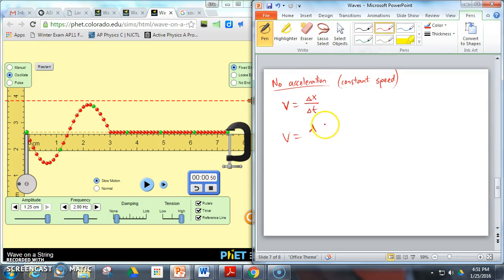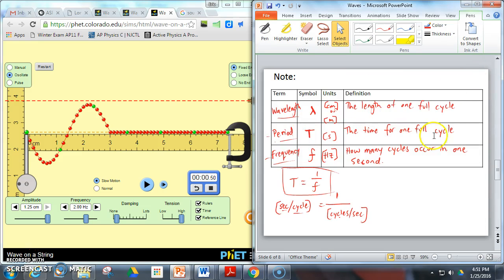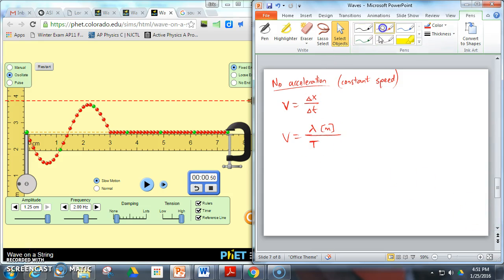Speed, we can say, is wavelength, which is measured in meters or centimeters, all over the time that it took for one complete rotation to occur, or our period, the time for one full cycle to occur. So right now I've created an equation that can relate speed, wavelength, and period.